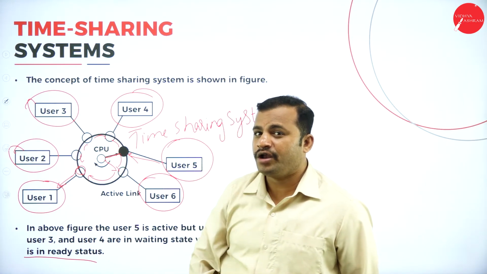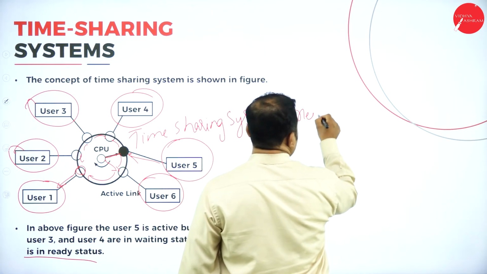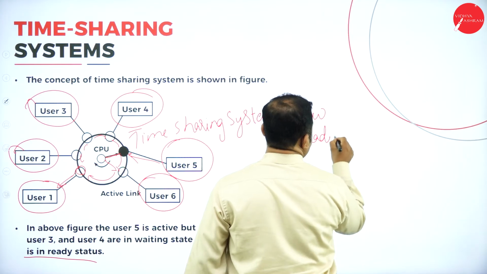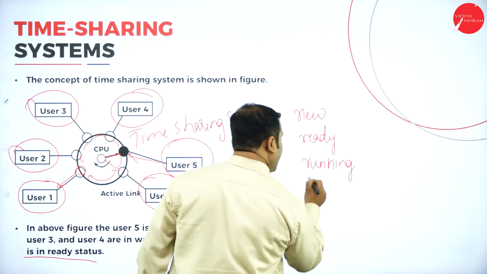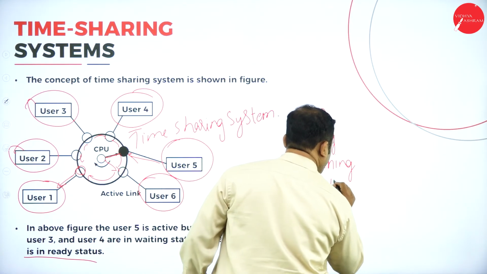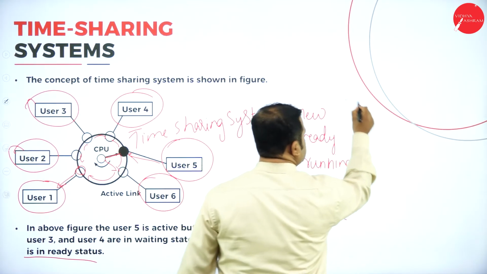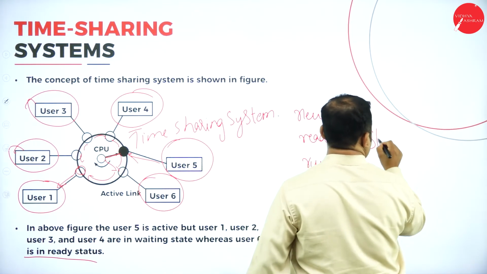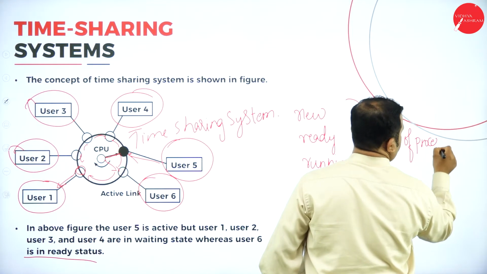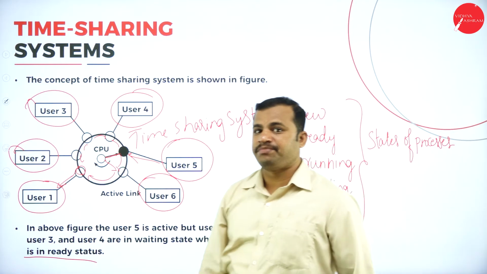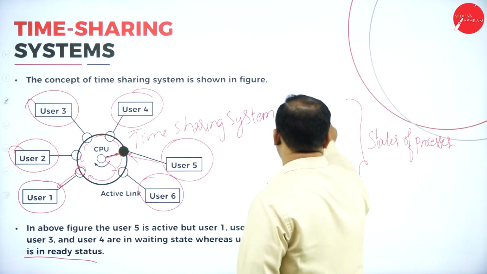Let me give you one more piece of information: new, ready, running, waiting, and terminated are the states of processes, which I am going to explain in the next and subsequent classes. Let me not go into the details of these states now.